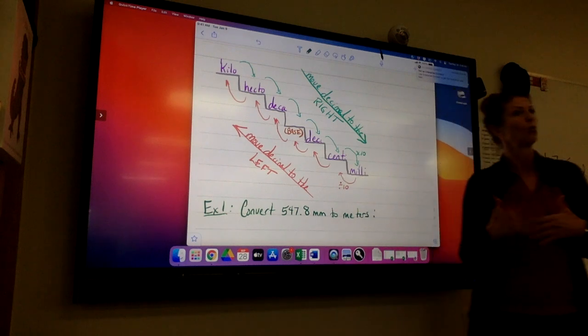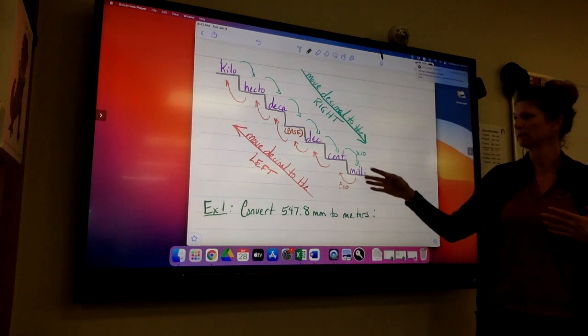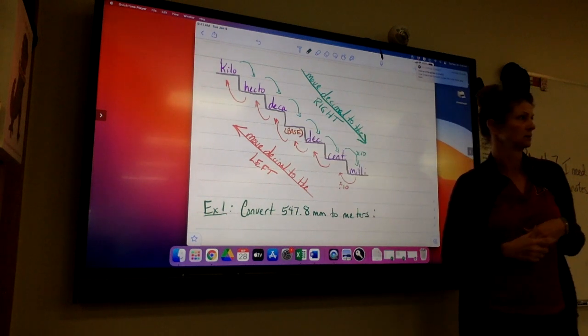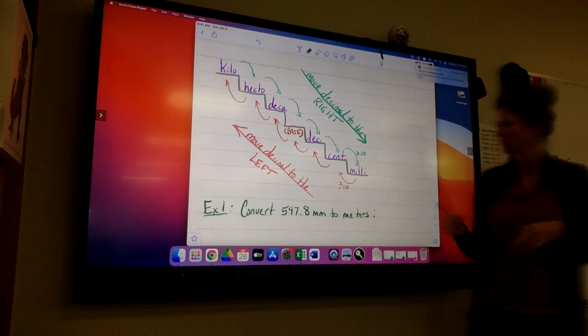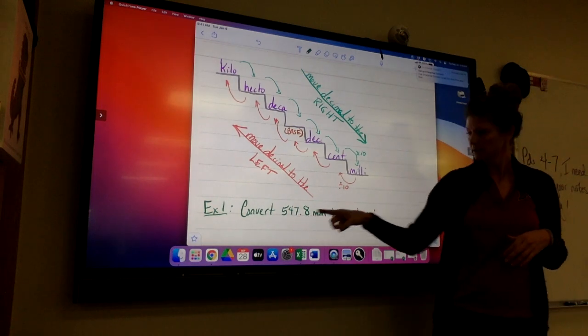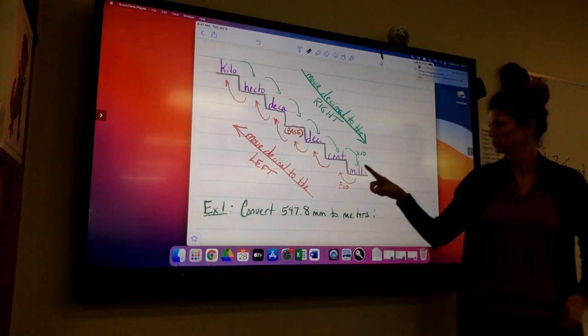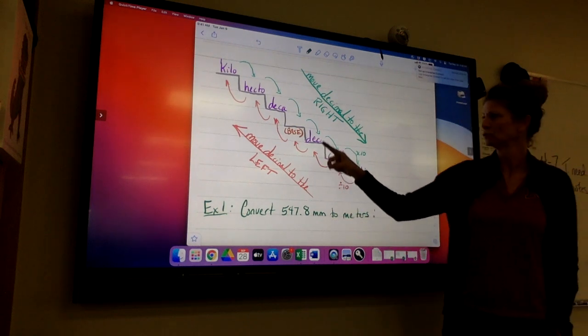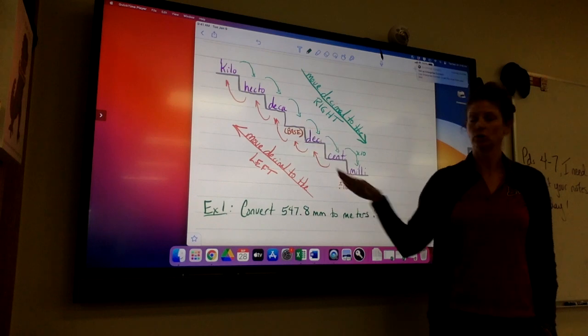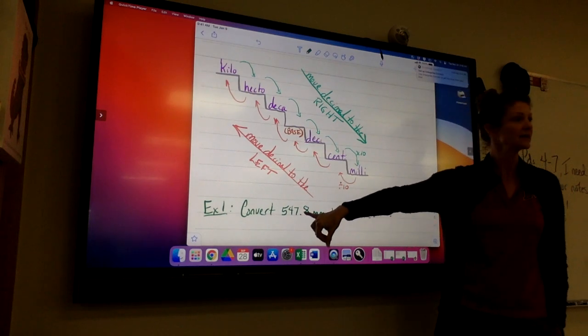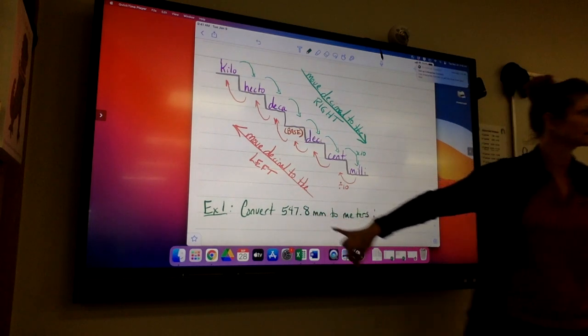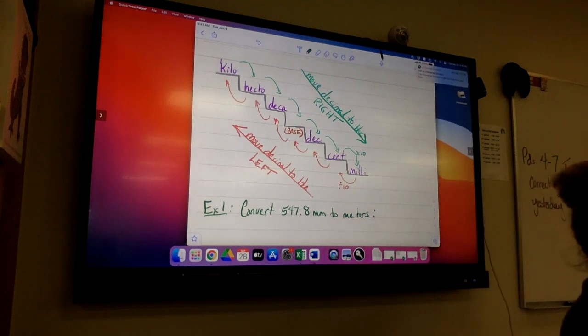Okay? Now, do you start at milli or do you start at base? Start at milli, because wherever the number is, that's where you start. So you start at milli and you go up 1, 2, 3 steps. So you're moving to the left. You're going to move that decimal point 3 spots to the left. That's another way of saying what? Divide by 10 3 times.